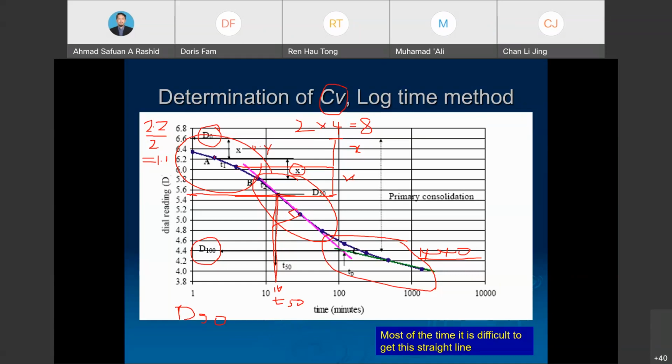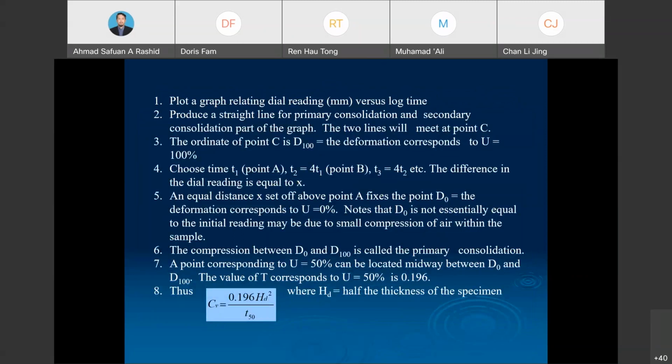So this T50 value, which is 16 minutes, we should include in these equations to get the CV value. 0.196 is the coefficient we call TV, coefficient of time, while HD power by 2 is actually the thickness of the material or the sample, and it is based on the drainage system.